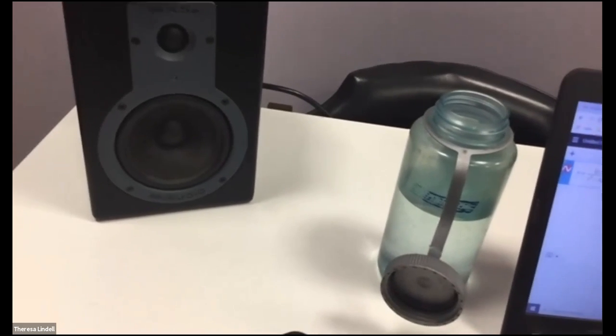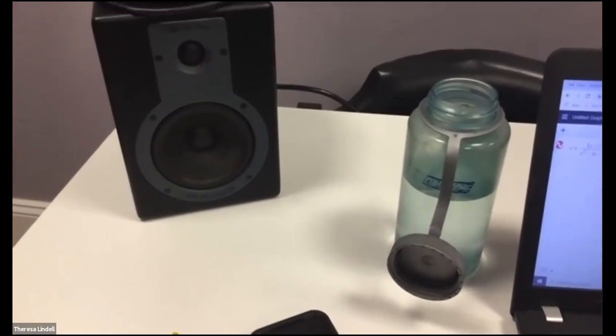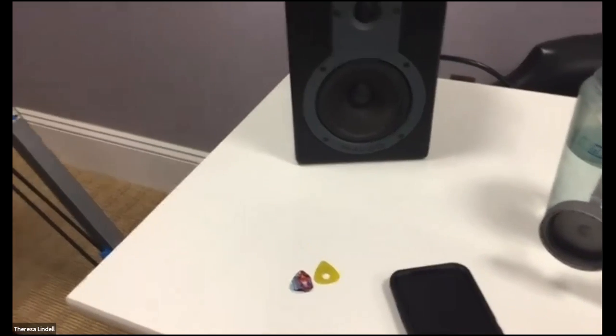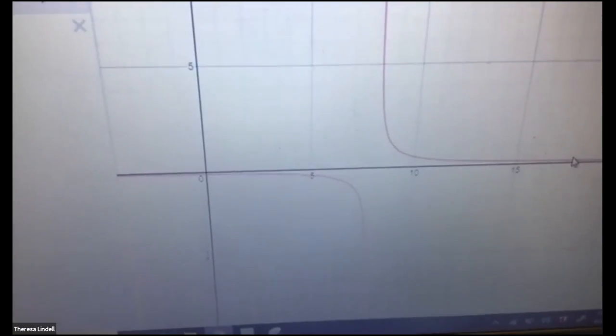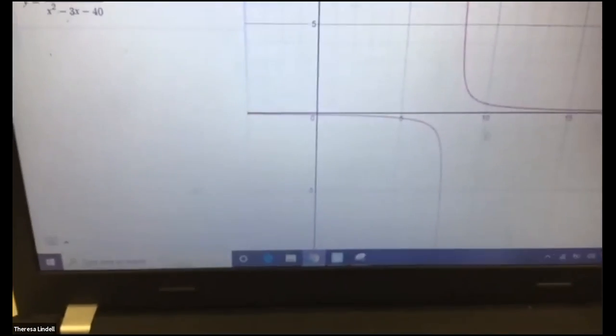Nice. Oh, this is interesting, I just noticed something. My graph just looks like this. I don't know if that's what your graph looks like. And there's nothing over here.